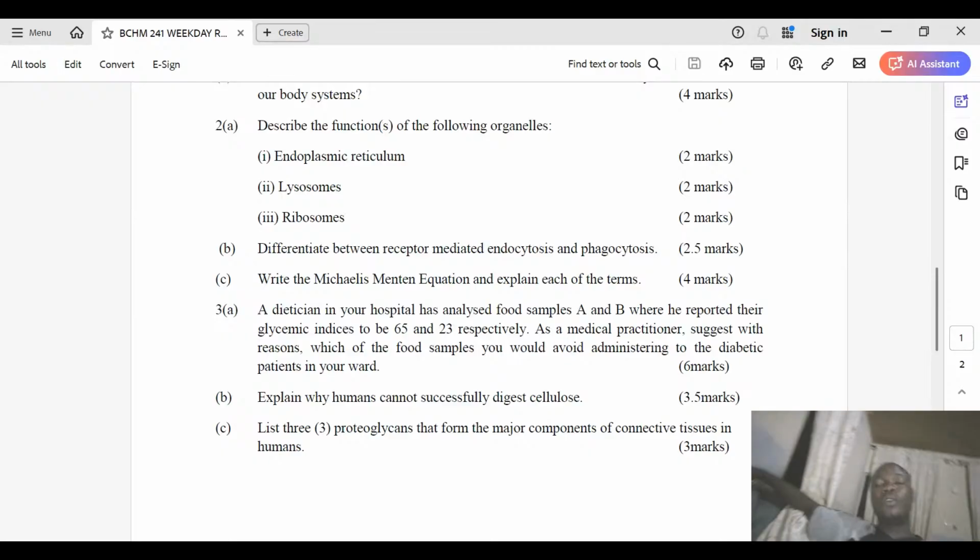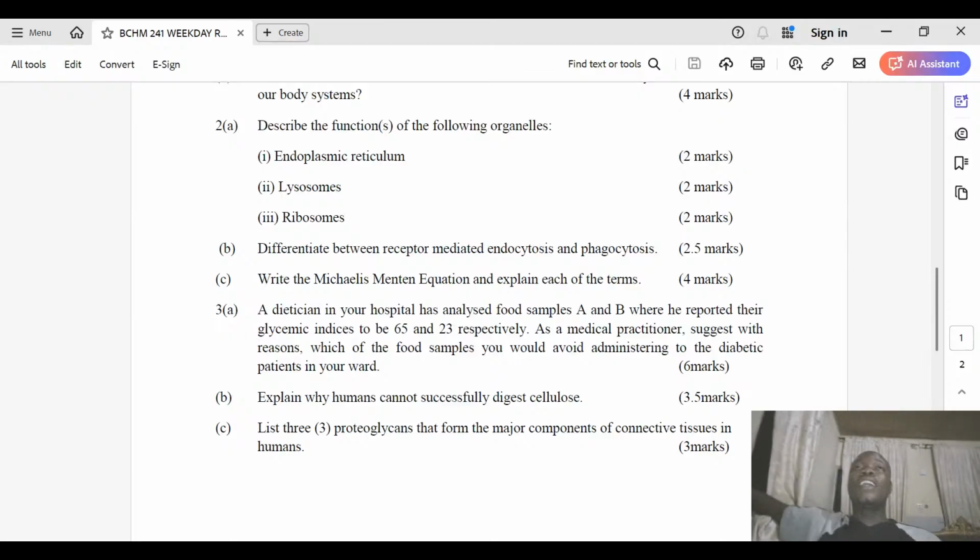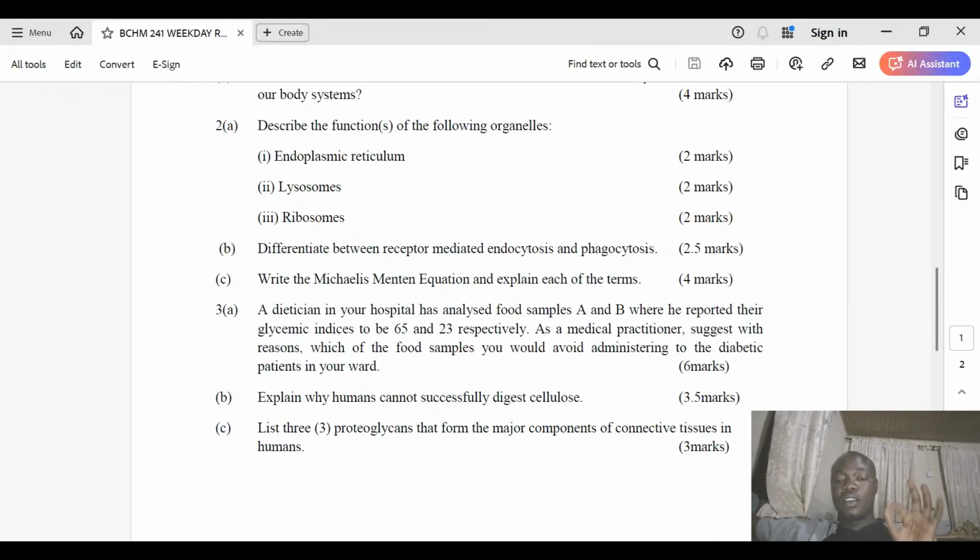And what is the meaning of Km? Km measures the affinity of the enzyme toward the substrate. So the lower the Km value, the higher the affinity of the enzyme toward the substrate.